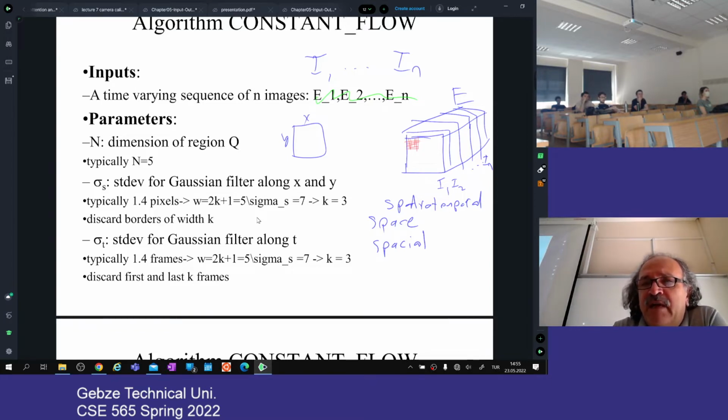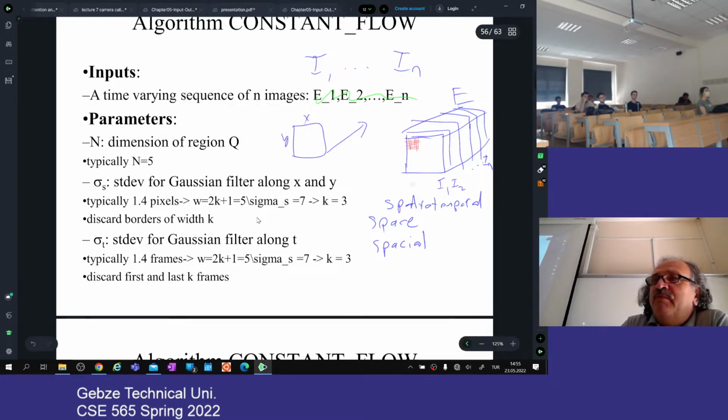If you apply your filters along the time dimension, then they become temporal filters. This is in 3D, but this is not our 3D world. This is two-dimensional space plus one-dimensional time. If you like to extend it a little bit more, you can get a four-dimensional space: three-dimensional spatial space plus one-dimensional time.